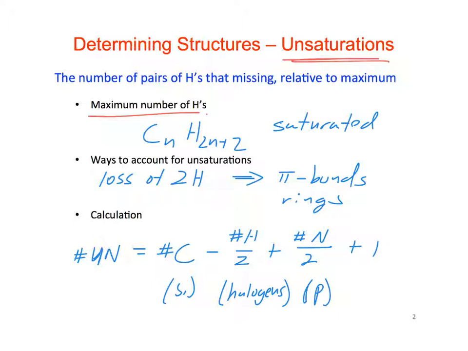Notice that oxygen doesn't even show up in here. If you have an OH, we just substitute it between a carbon and a hydrogen, or an ether just between two carbons. The only way that we have an unsaturation is if we have a carbon-oxygen double bond or something similar.